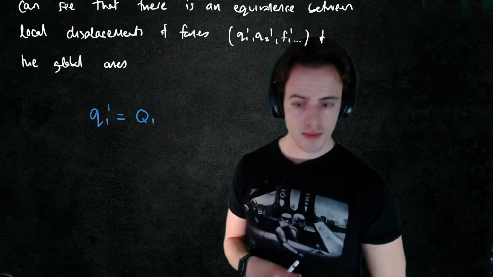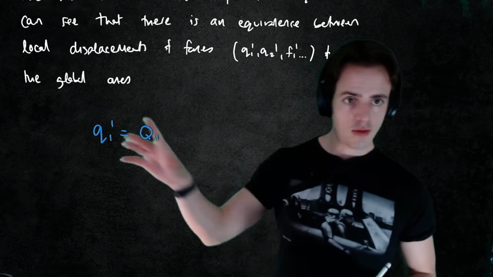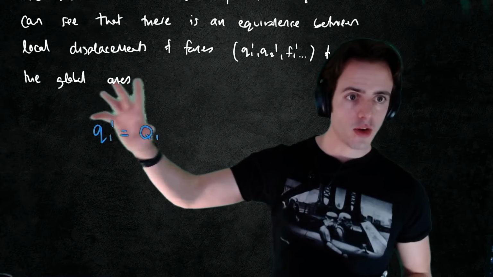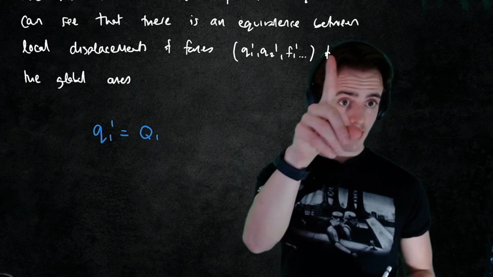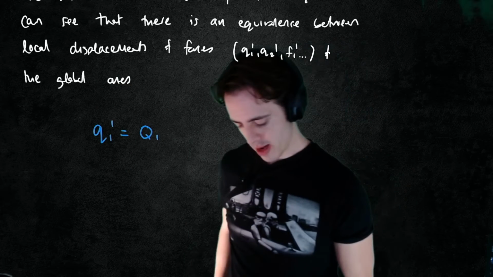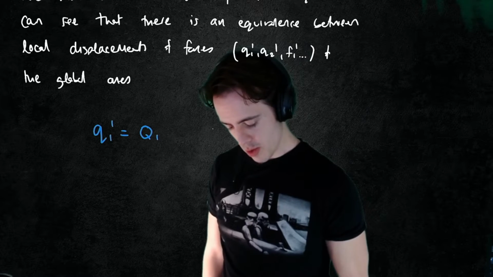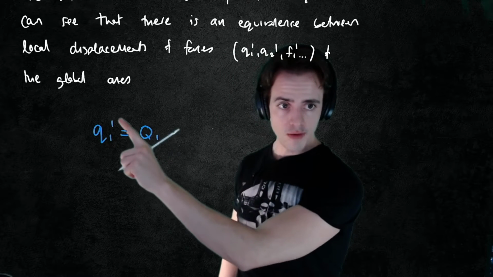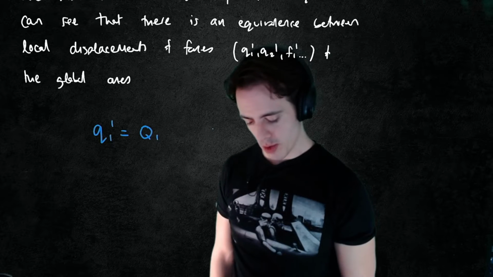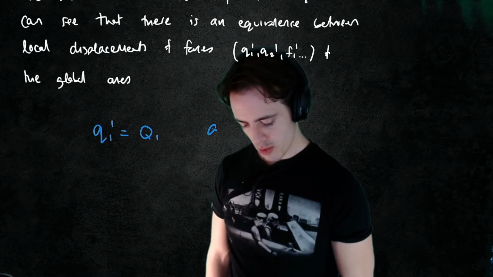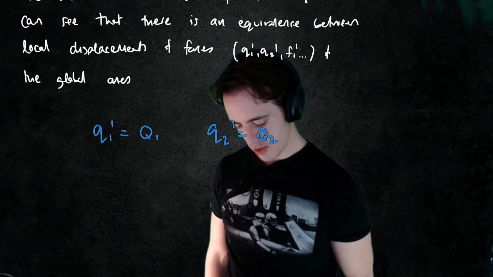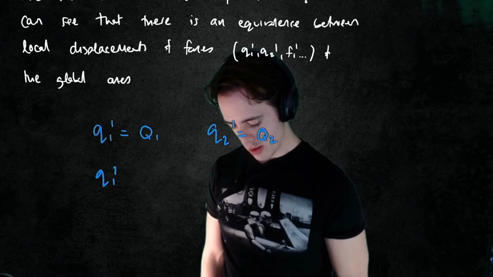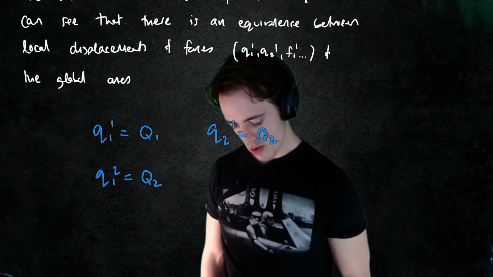There we go. Okay, so let's just recap what I said. We can see there's an equivalence between the local displacements and forces, which are these lowercase ones, and the uppercase. And we're just going to do the displacements for the moment. Q11, which is local displacement 1 of node 1, is simply global displacement 1. Q21 is Q2. Q12 is also equal to Q2.